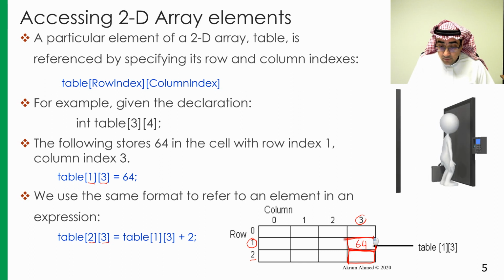So the value stored over here is 64 plus 2, so this will have 66. The value of 66 will be written in this element, because we said table[2][3] is equal to this expression. So you can actually use it as a normal variable. You can assign a value to it, and you can use it in an expression.